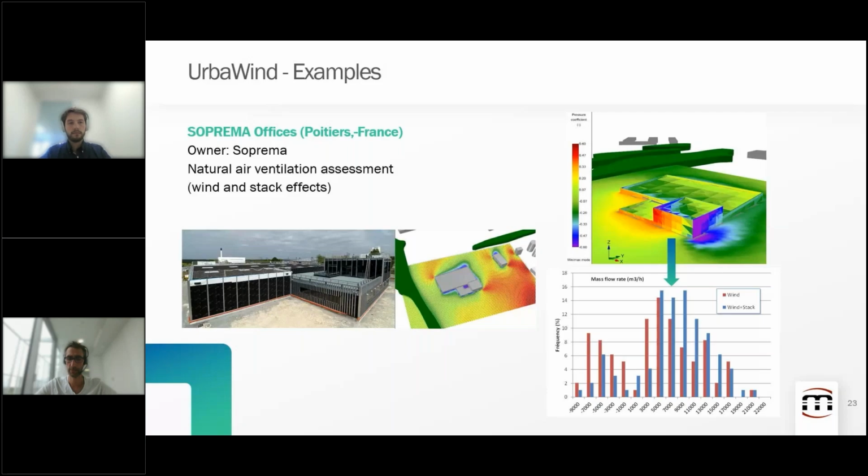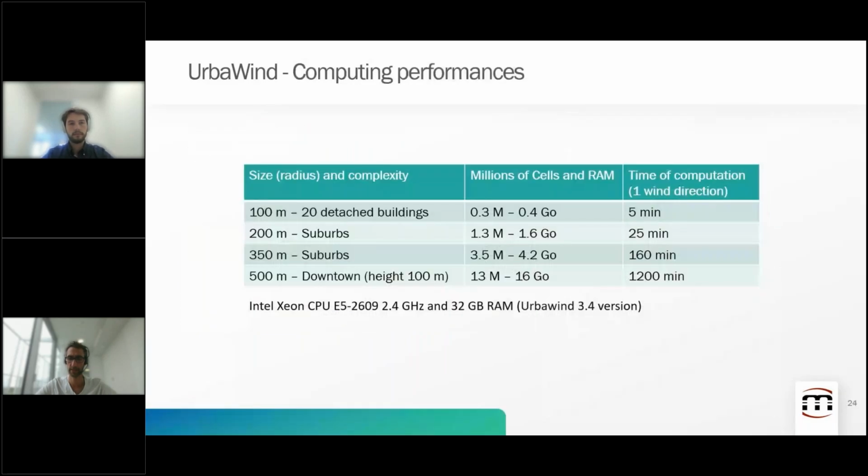Okay, so let's finish with the next slide, a little bit about the performance. The CFD usually runs in a few minutes whenever you have this kind of simple shape. It takes a few minutes on a simple laptop.